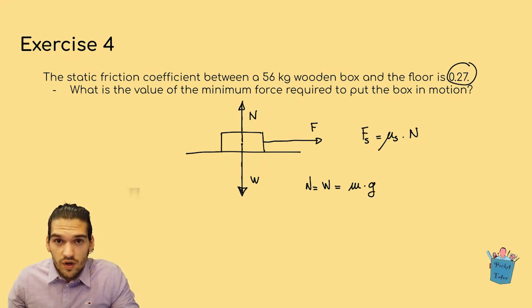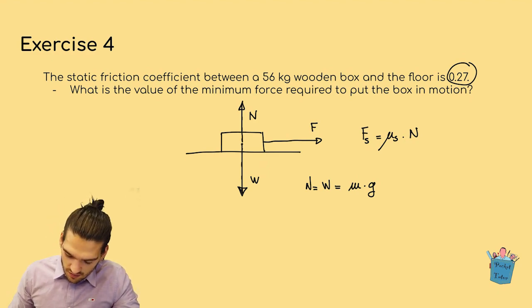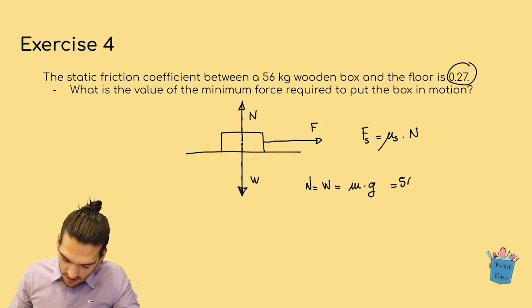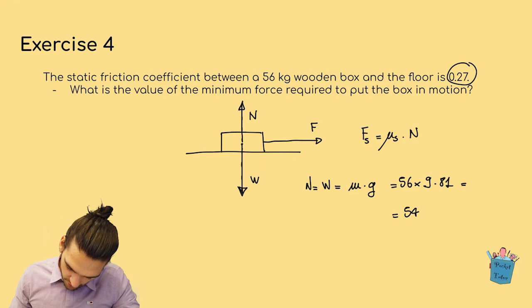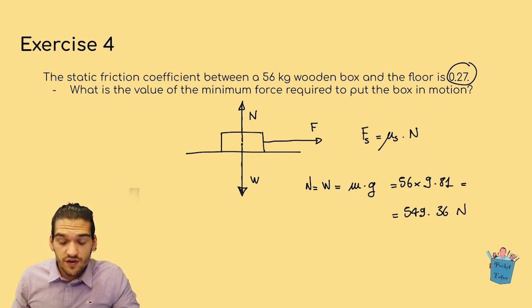And therefore we can write that N is equal to the weight, which is equal to the mass times g. Now, we're assuming that we are on Earth, so g is 9.81, and this means that the normal force and the weight are equal to 56 times 9.81, which is equal to 549.36 newtons. And now we can compute the friction.